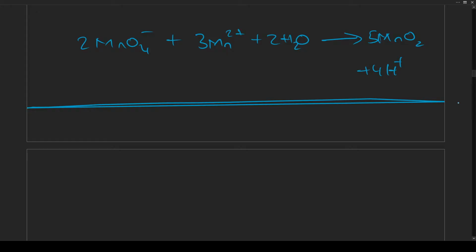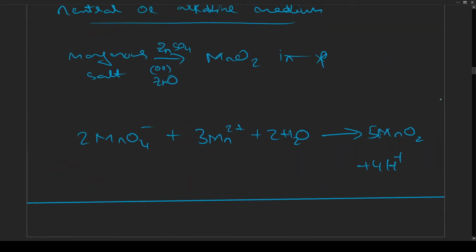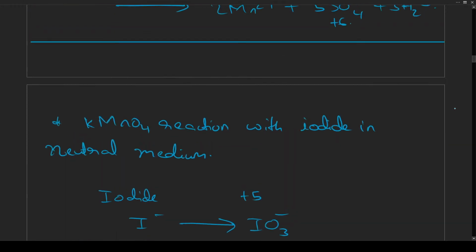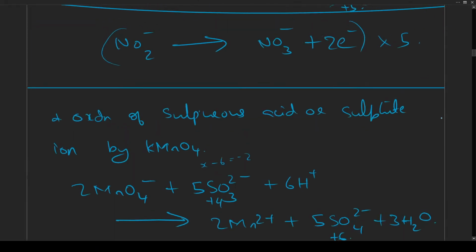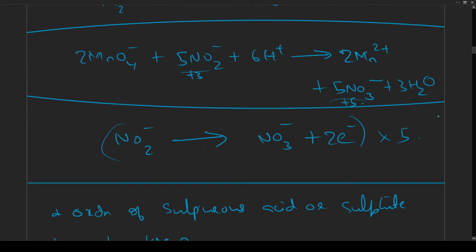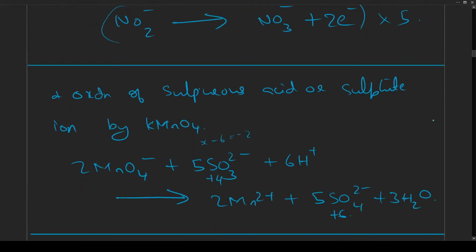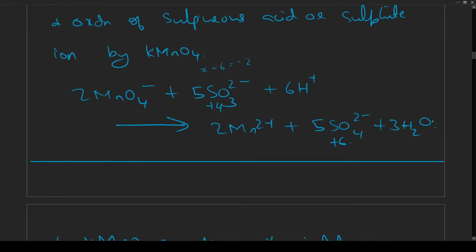We basically saw three reactions: one with nitrite, one with sulfite or sulfurous acid, then iodide. That's all.